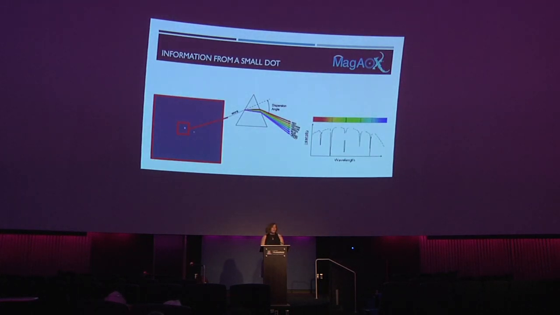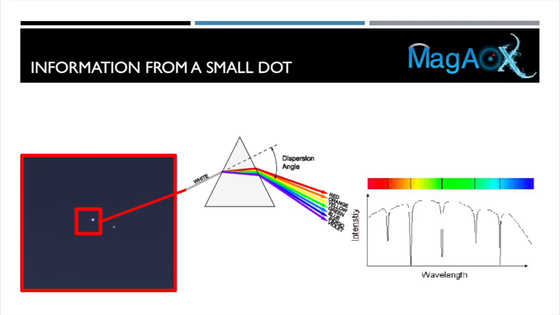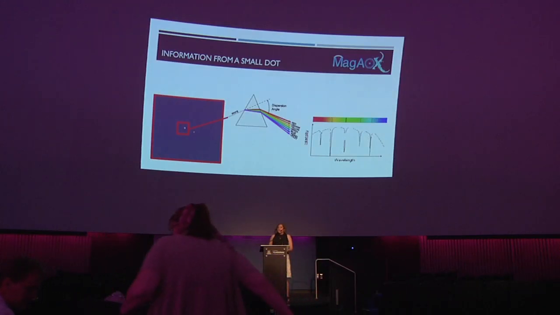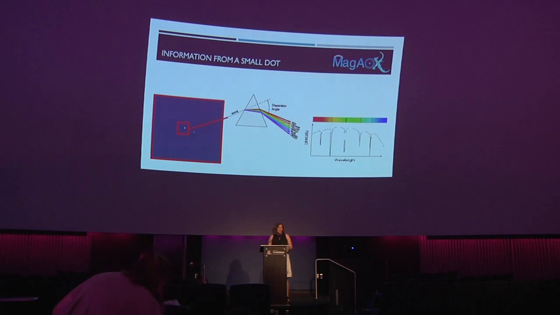So what astronomers can do is put what's called a spectrograph on top of their image of the planet. A spectrograph at its simplest is just a prism that breaks up the light of the planet into its composite spectrum, which is like a rainbow. Each color of the rainbow is a different wavelength. The Earth in its atmosphere has a bunch of different elements and molecules, and these molecules absorb light.